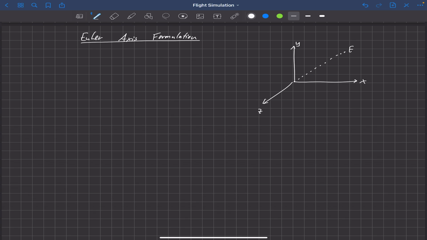We're going to call these ex, ey, and ez. Then we also have some rotation angle about that axis, which we're going to call capital theta. That's the angle that we're rotating about that axis, and the components are ex, ey, ez.